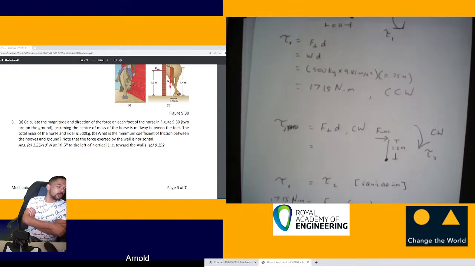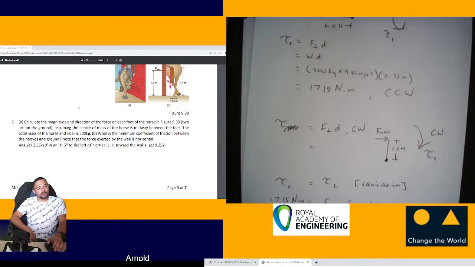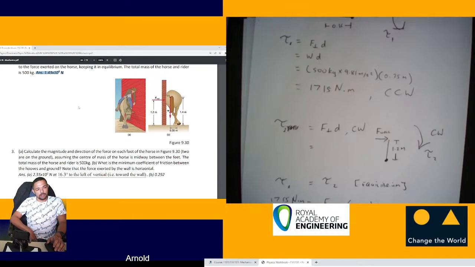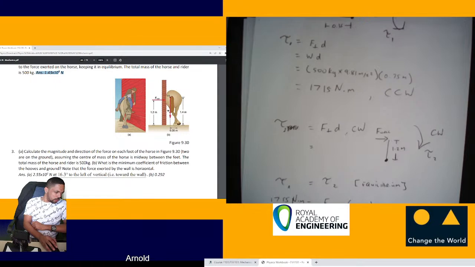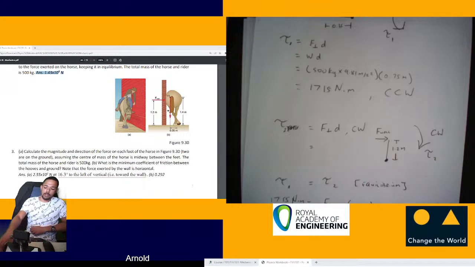So the next part of this problem: calculate the magnitude and direction of the force on each foot of the horse. I wonder if I should do it or just leave it. Let me just leave that and go to the PHYV. I might not have time to do the PHYV stuff.